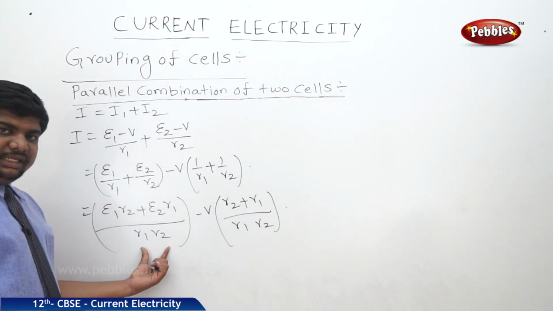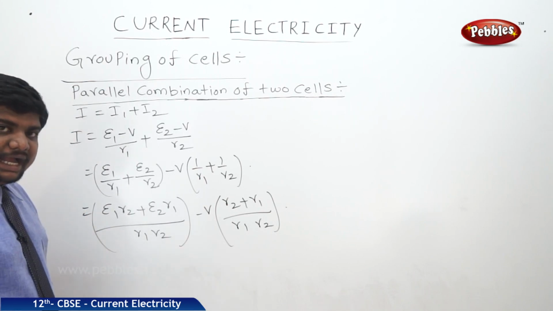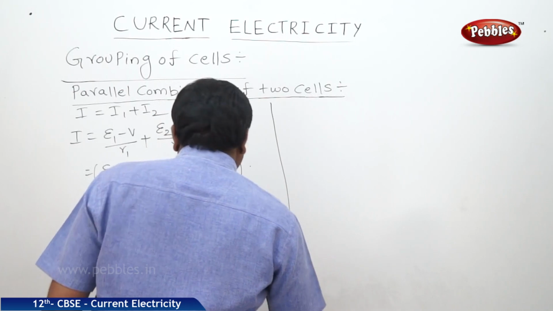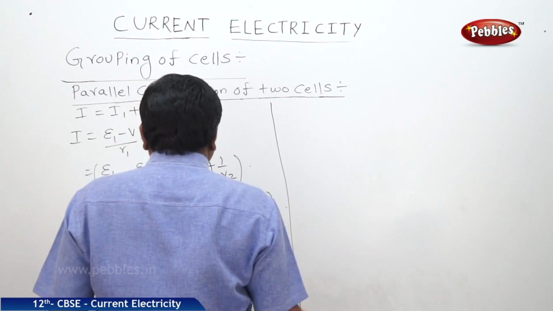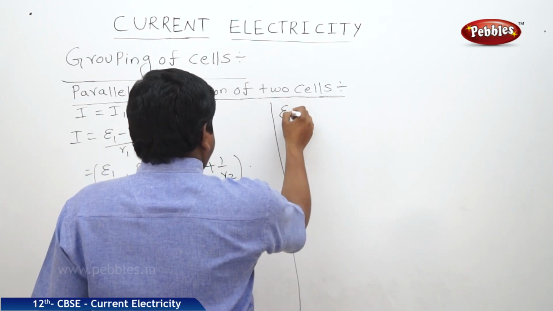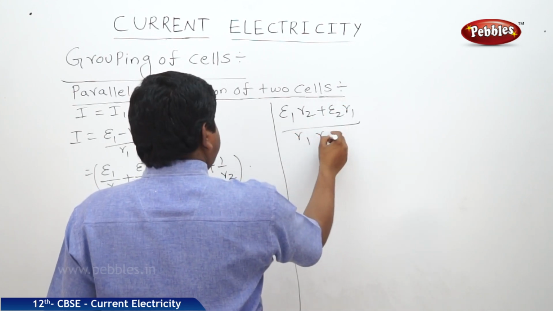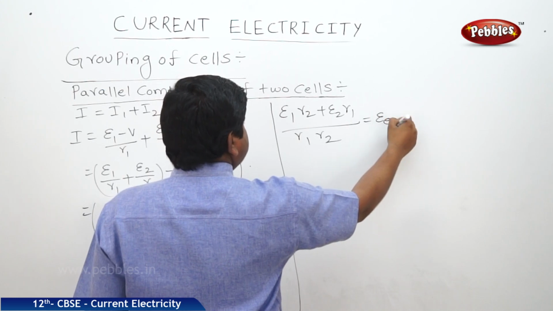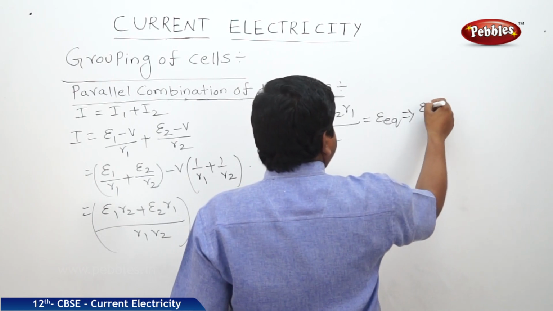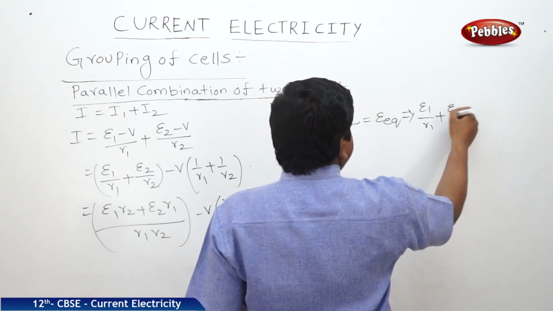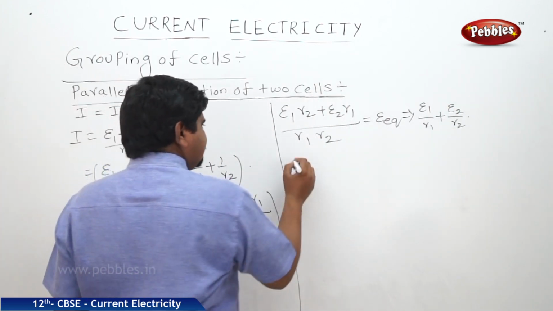So what is this one? E equivalent. This one, R equivalent. With respect to that, we will get the I equivalent. Therefore, E1 R2 plus E2 R1 by R1 R2 is equal to E equivalent. The short form of the E equivalent is E1 by R1 plus E2 by R2. Next, this one is R equivalent.